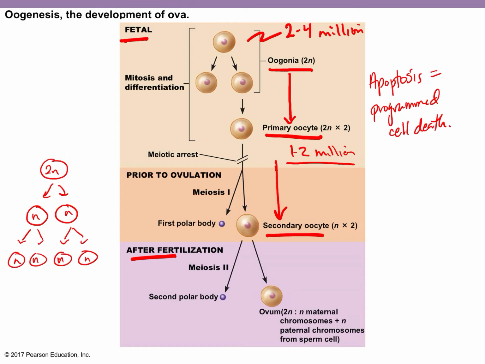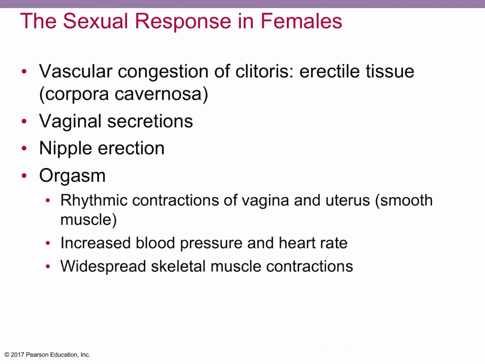In oogenesis, every time there's a meiotic split, we do not have an even division of cytoplasm, and only 1 cell gets the lion's share of the cytoplasm and goes on to complete the next stage of meiosis. The other cell is called a polar body and degenerates. So every time we have a meiotic split, we have 1 cell that's functional and 1 cell that's not functional, the polar body, and so we only have 1 ovum. At the end of oogenesis, we only have 1 mature ovum, whereas at the end of spermatogenesis, we have 4 mature sperm.